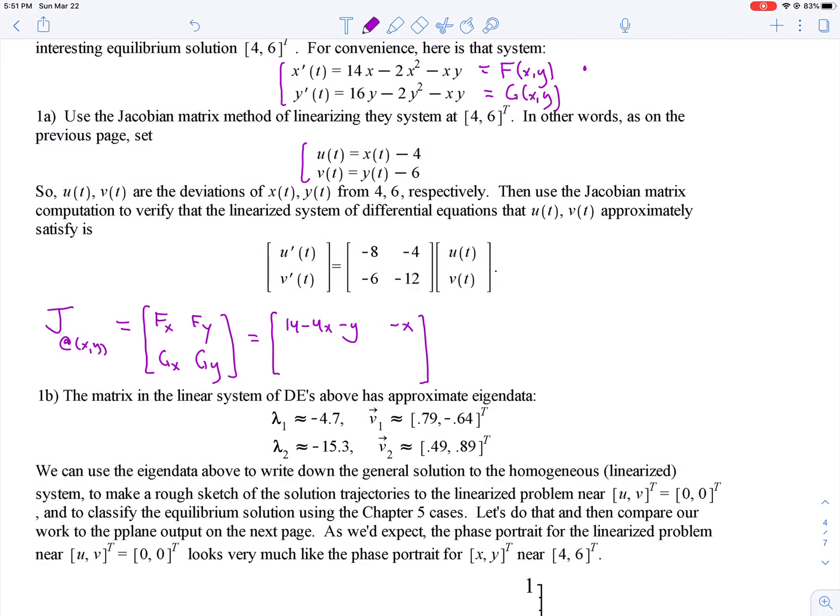When I compute the partial derivative of g with respect to x, I just get minus y. And when I compute the partial of g with respect to y, I get 16 minus 4y minus x. So that's the Jacobian matrix of fg. At any point xy, I need to evaluate it at the equilibrium point, 4, 6.